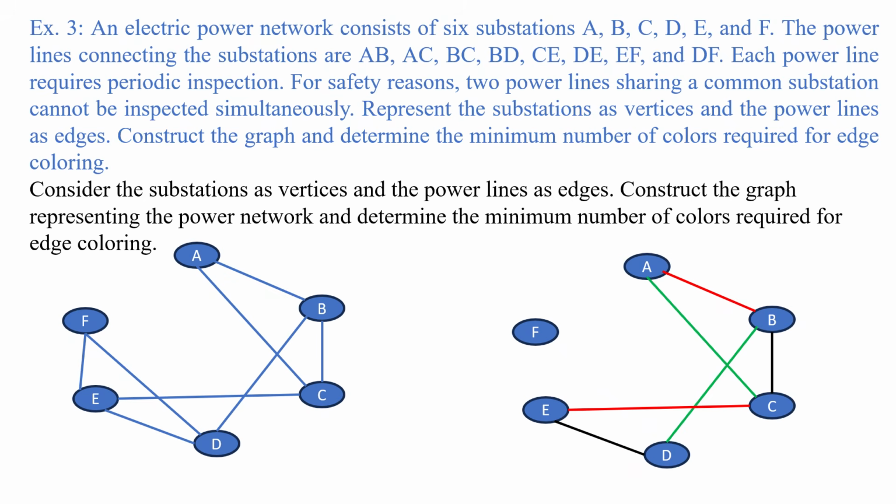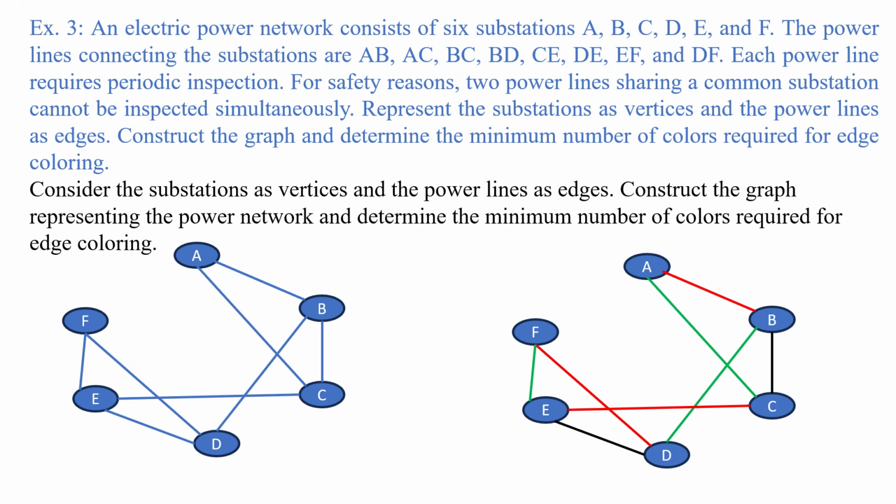So here AB, CE, DF are non-adjacent. So we are coloring it with red. And AC, BD, EF are non-adjacent. Let us color with green.